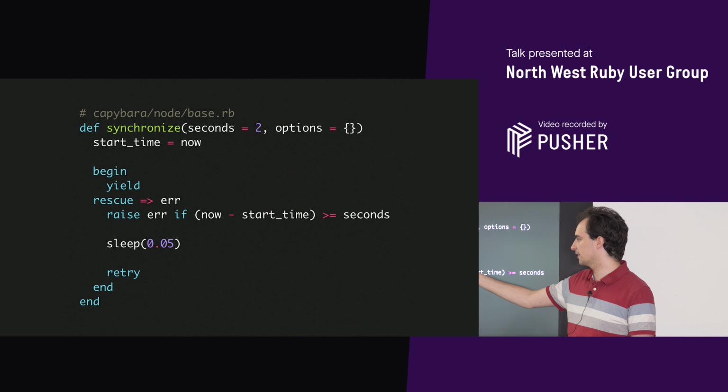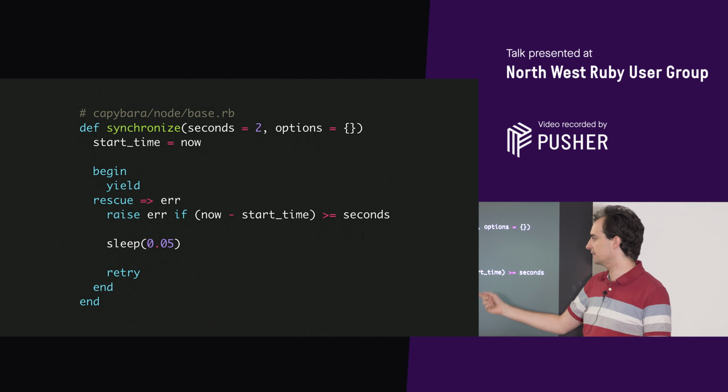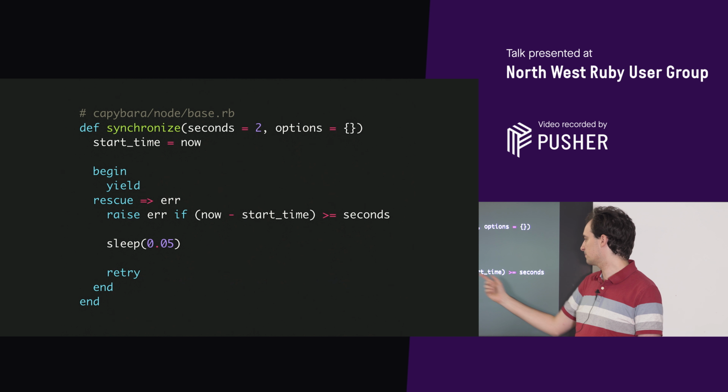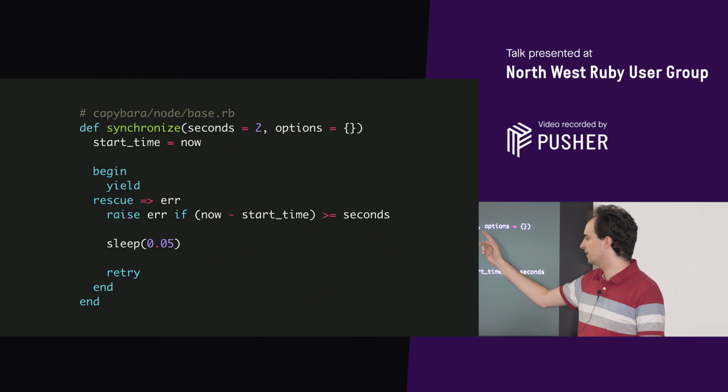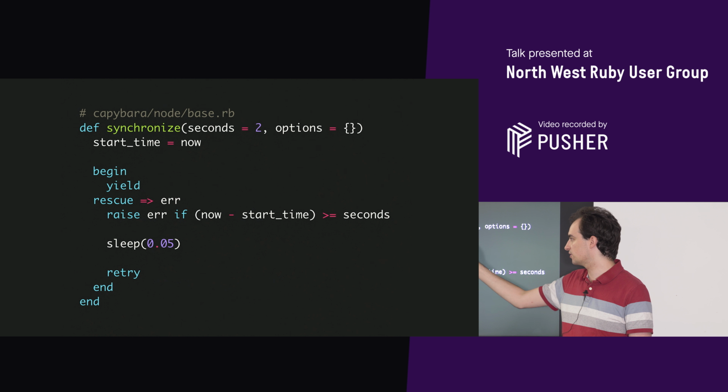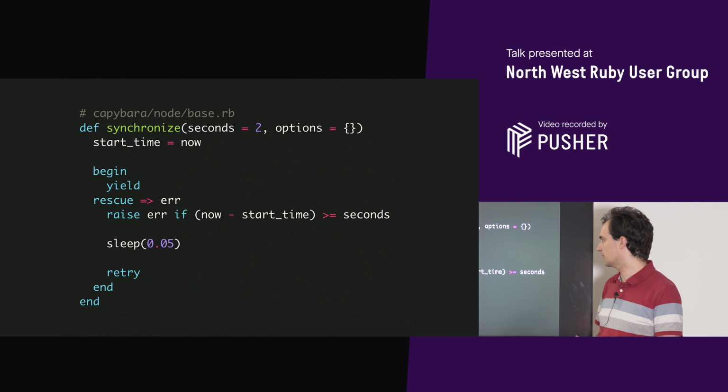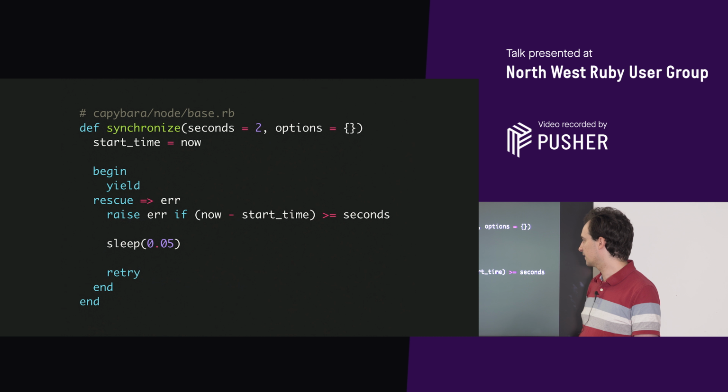We go through all of these assertions, raise an error. So then we have a look and see, basically, has the difference between what is now and the start time exceeded our wait time, which is generally, I think, default 2 seconds. Otherwise we sleep a bit and then we retry. So Capybara is basically sitting there doing loads of these little loops for every assertion.